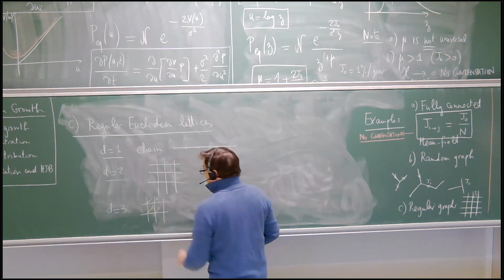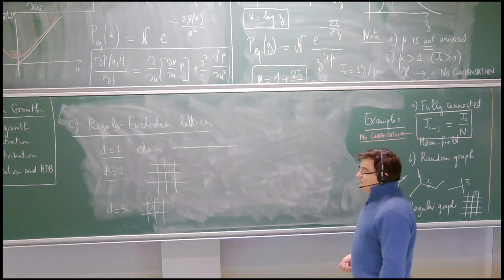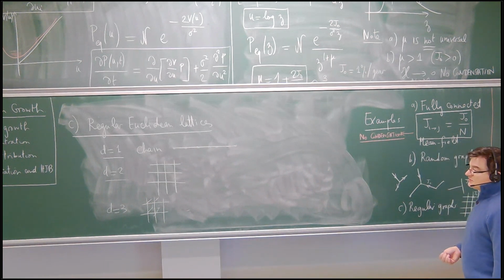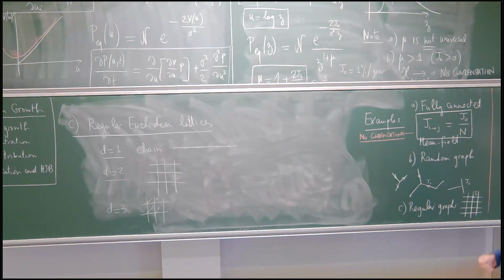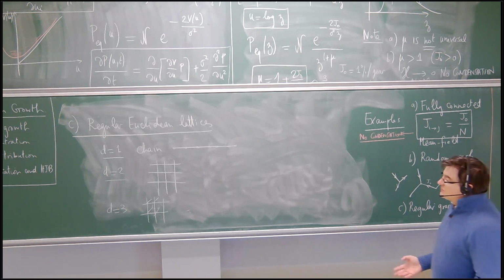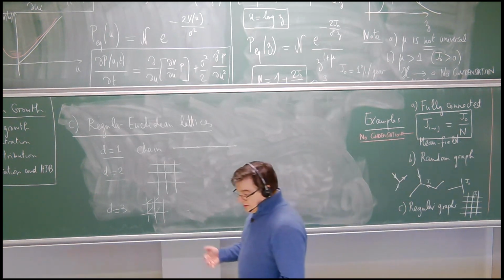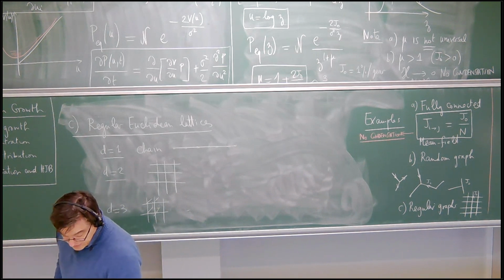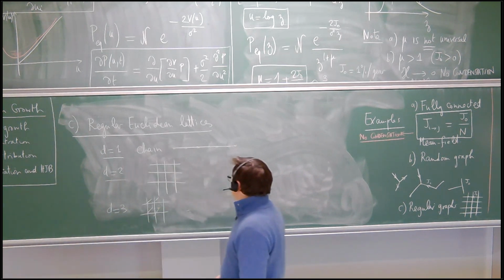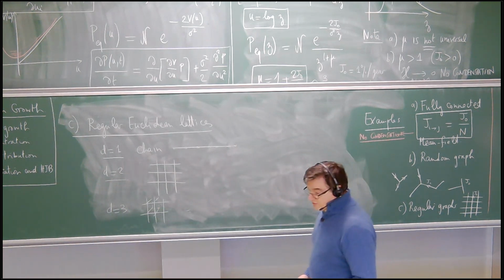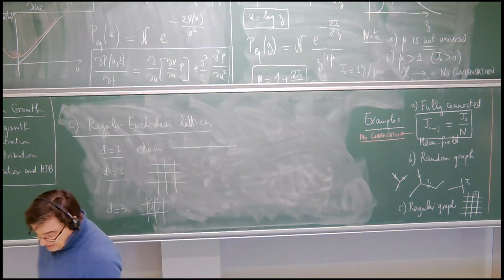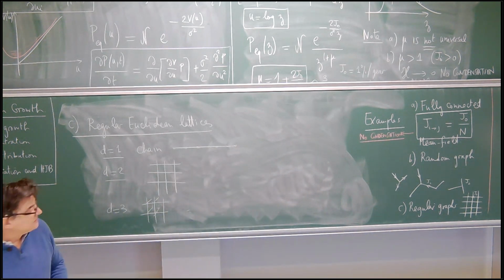Okay. And you can also formulate this model in higher dimensions, although it may not have such a clear physical motivation, but it can be useful from a theoretical point of view to think of higher dimensions, and it's also useful in non-physical contexts to think of these extended problems. So now what happens?